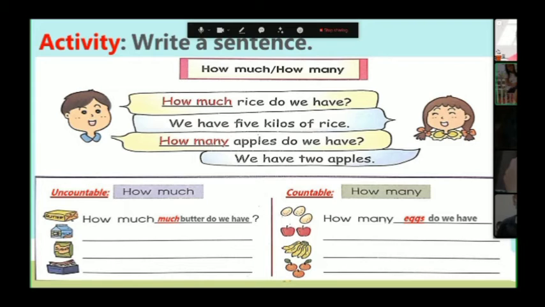In this example, you see, we use plural words here, eggs. In this one, we use only butter, a singular word. Butter is uncountable. Okay, next.